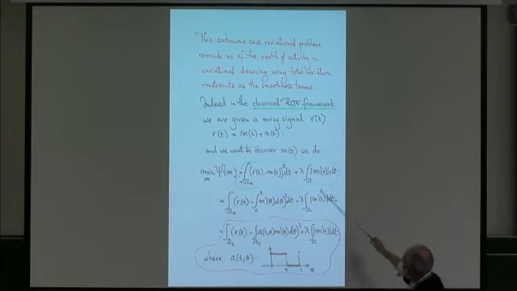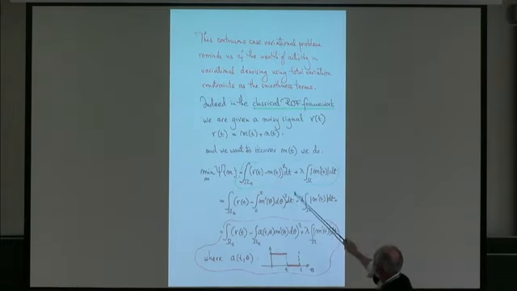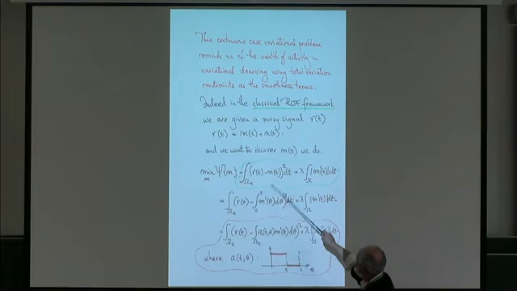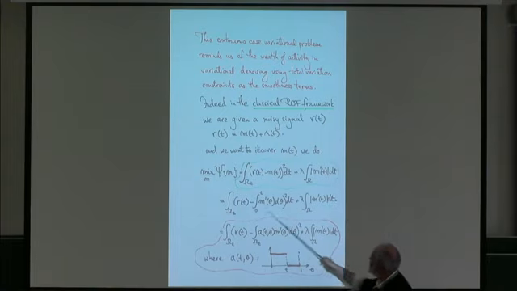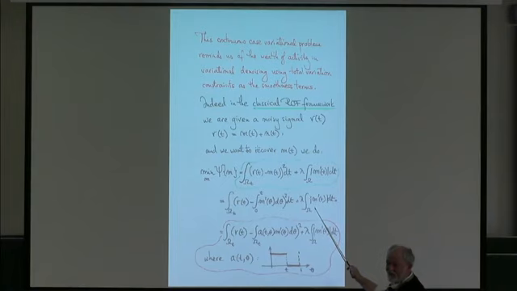Now let's do the following exercise. Let's write this in a slightly different way by rewriting m of t as an integral between 0 and t of the derivative of m, d theta, and then the entire expression is written in terms of the derivative of m.